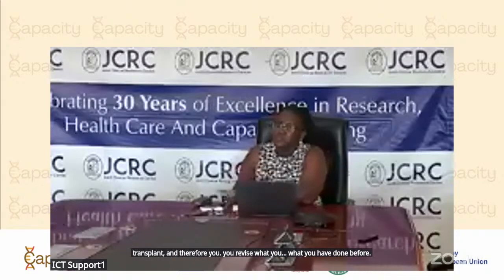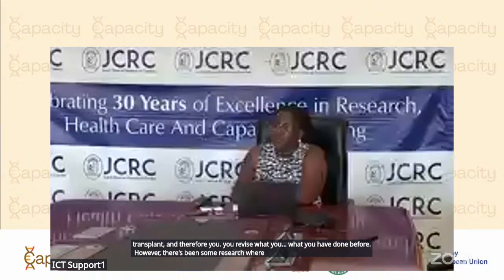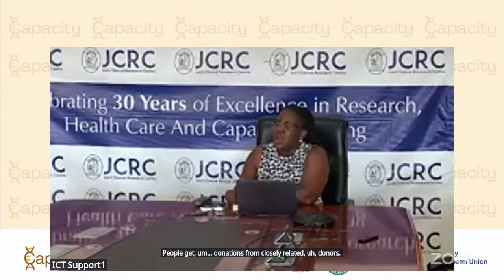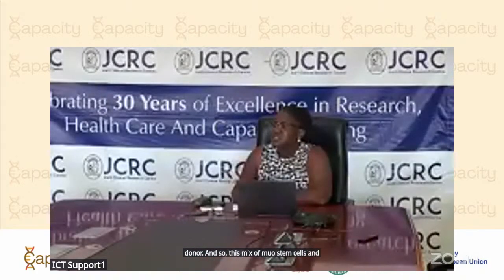However, there's been some research whereby people get donations from closely related donors. Let me say, you get a kidney transplant, but also stem cells from that donor. And so this mix of your stem cells and donor stem cells can kind of help to mitigate rejection.